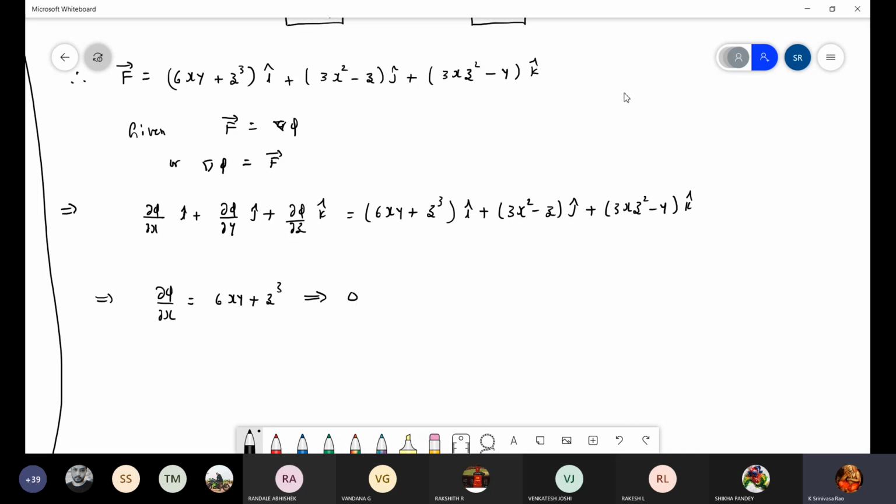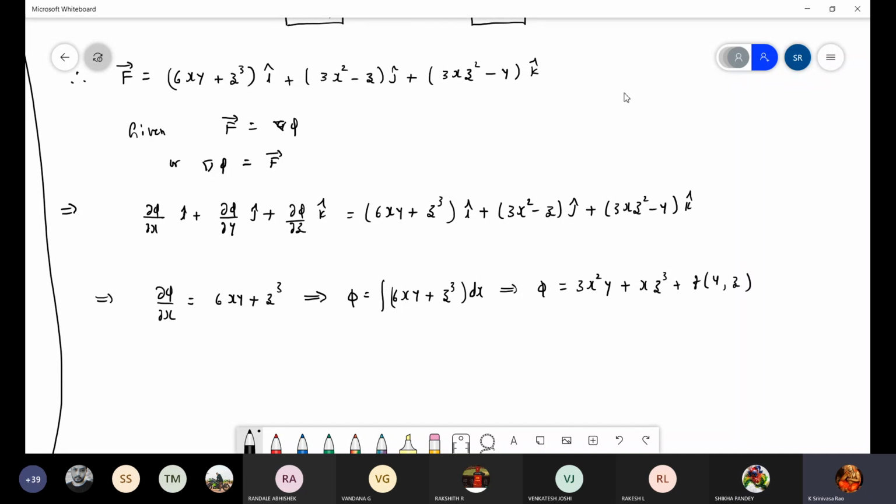This implies phi equals integration of 6xy plus z cube, which you have to integrate with respect to x. That implies phi equals, yes, what is the answer? 3x square y plus xz cube plus f of y comma z.